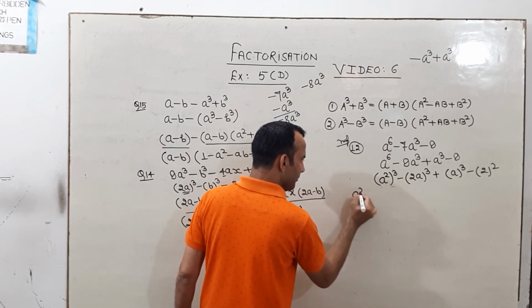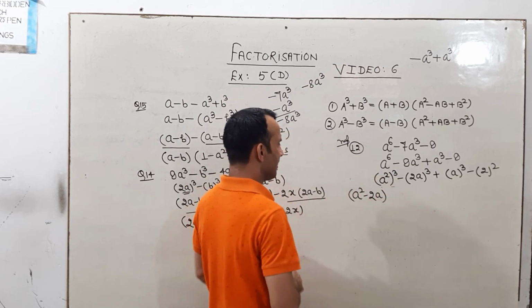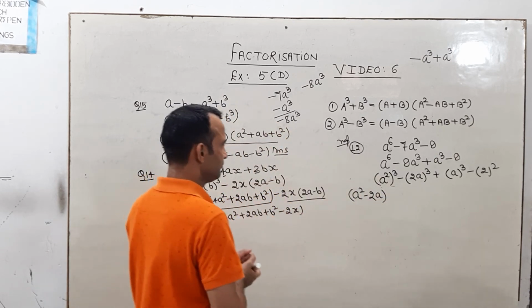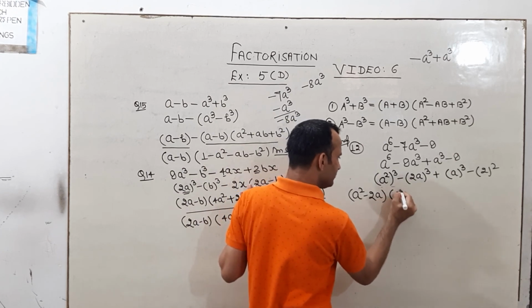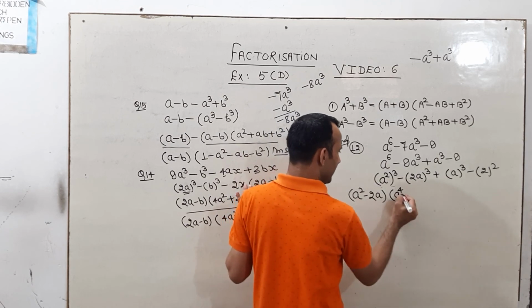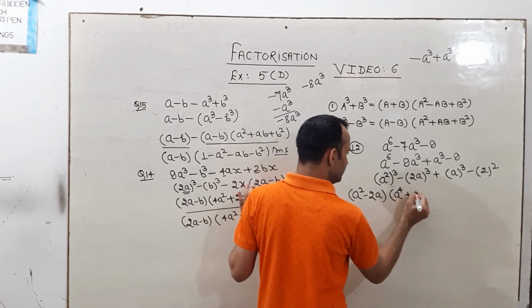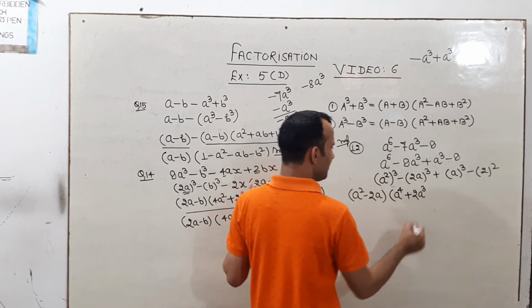a minus b, a minus b, a square plus ab plus b square.